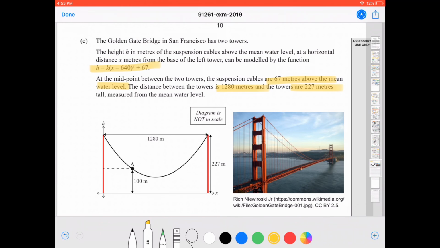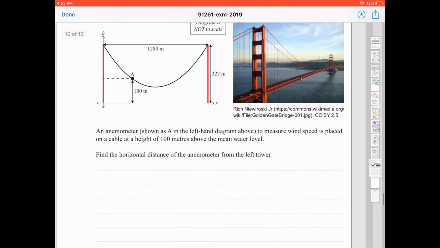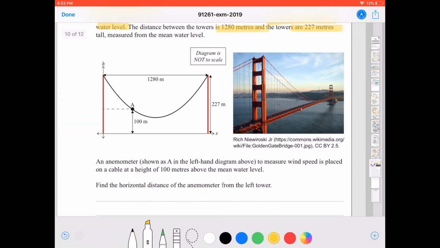Okay. And we've been given a nice picture, a diagram here. I'm assuming that when it says 67 meters, that's this length here at the minimum. 67 meters. I'm hoping. Okay, what is that word?